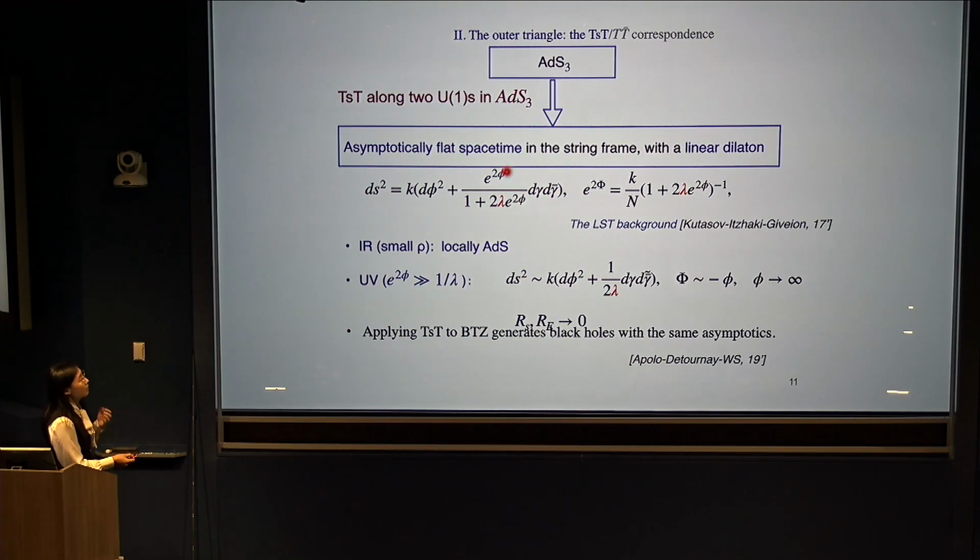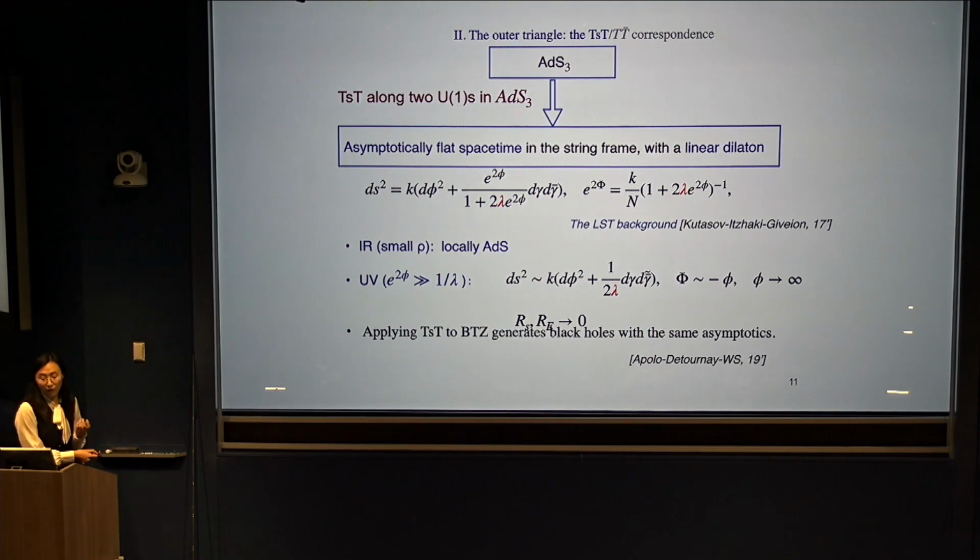But as long as this is non-zero, we can see that as the radial direction phi goes to infinity, the metric is really flat. But at the same time, we can look at the dilaton. As this radial phi goes to infinity, we see that the dilaton phi is proportional to minus phi, which is the radial direction.